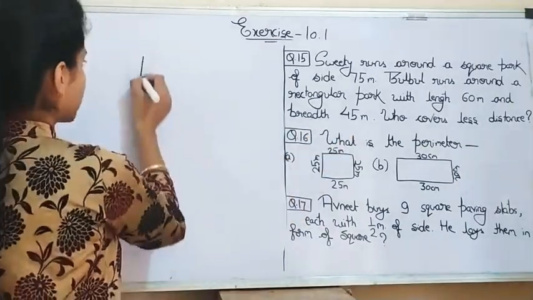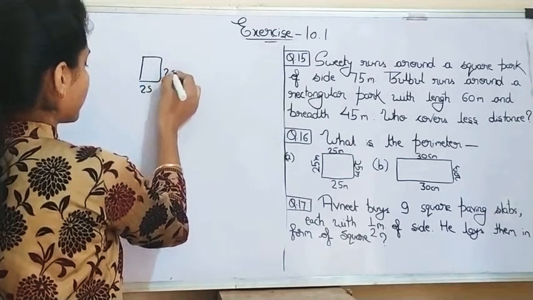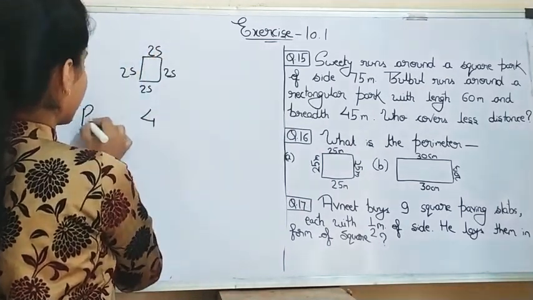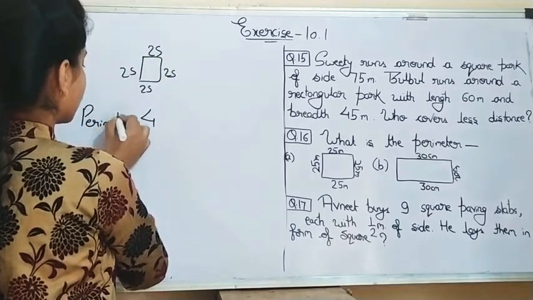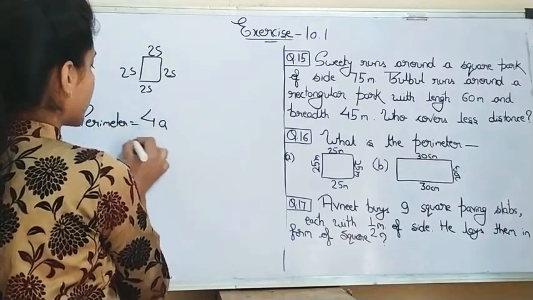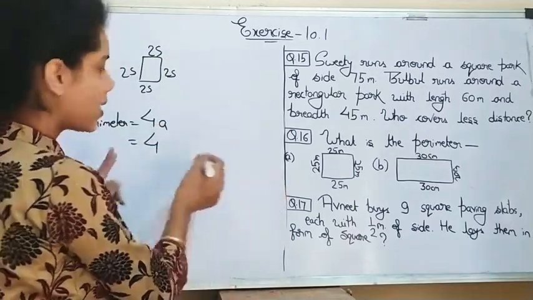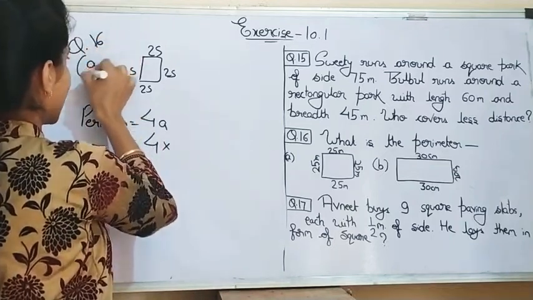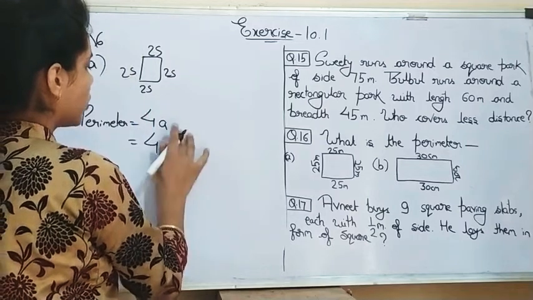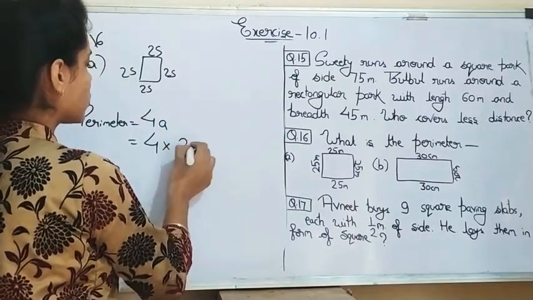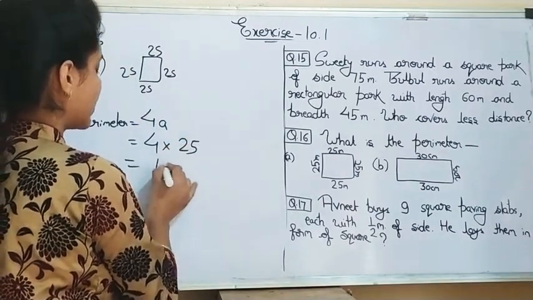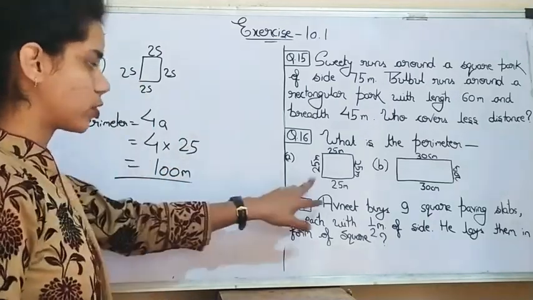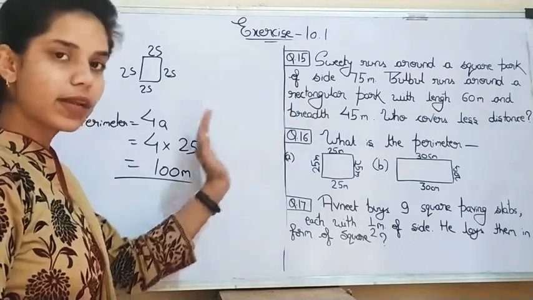Here is a square: 25, 25, 25 and 25. So the perimeter of this square will be 4a, where a means the side of this square. This one is question number 16, part A. If you put 25, 25 times 4 is 100 meter. In this way, if you apply the formula for a square, you get the perimeter of the square.